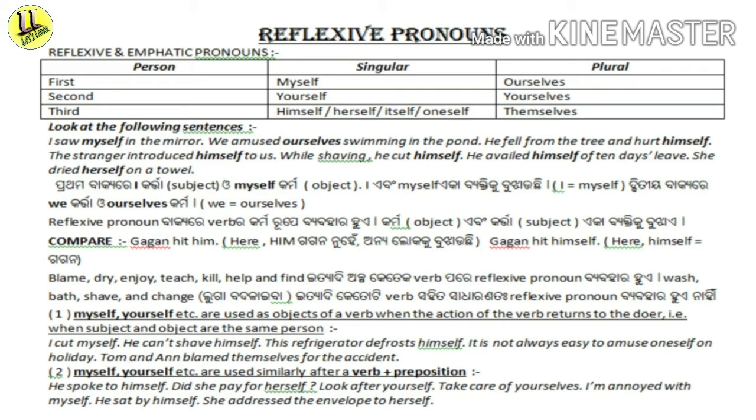Look after yourself. Here after is a preposition and look is the verb. Take care of yourself. Of is the preposition, take is the verb. He sat by himself. Here by is the preposition, sat is the verb. She addressed the envelope to herself. Here addressed is the verb and to is the preposition.